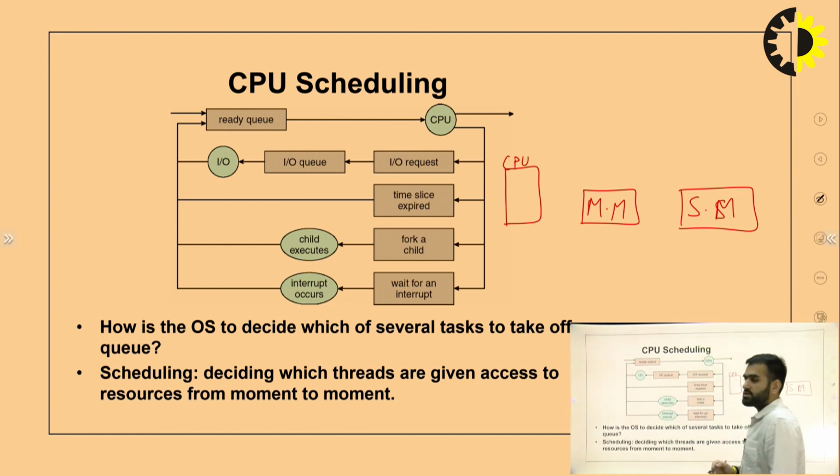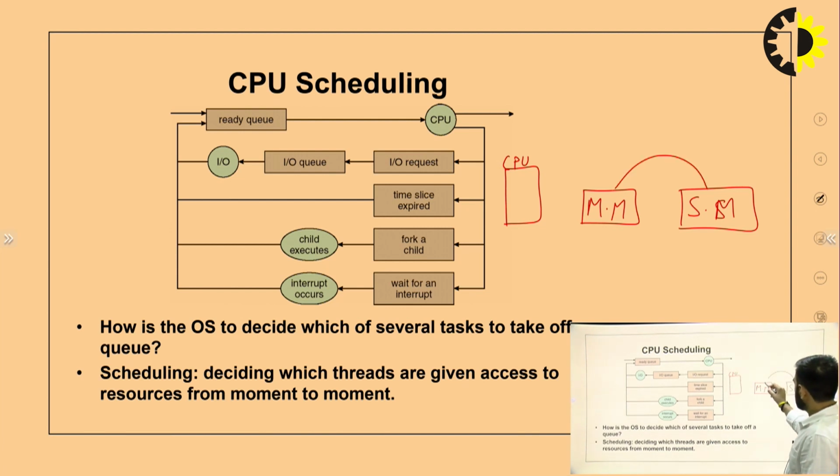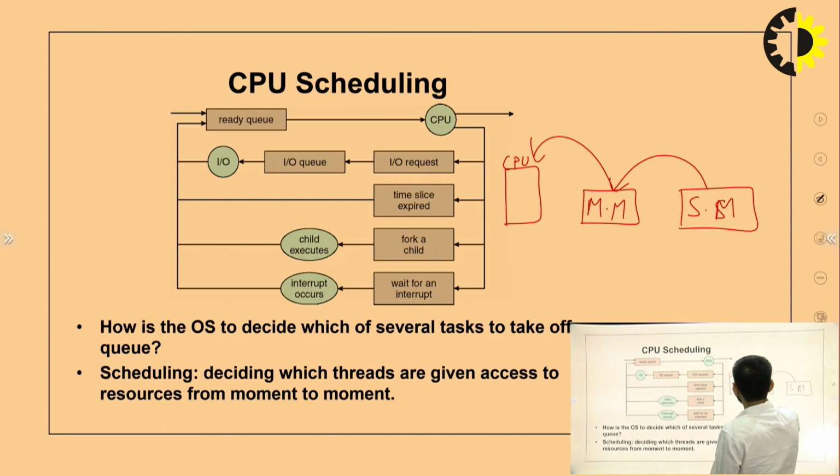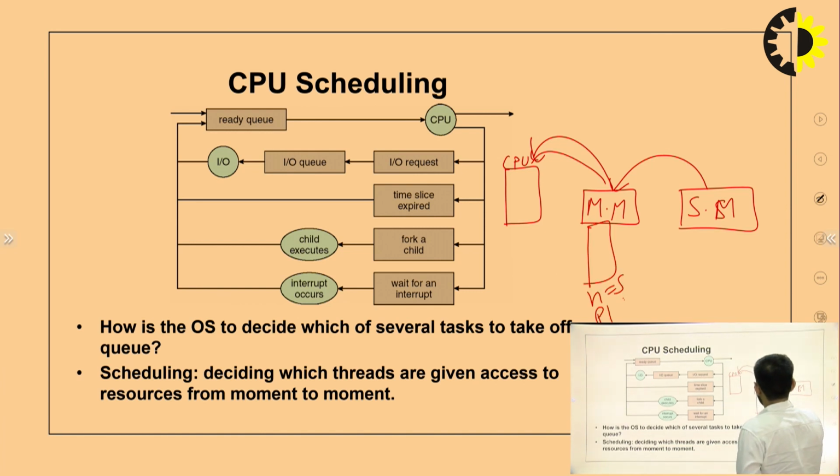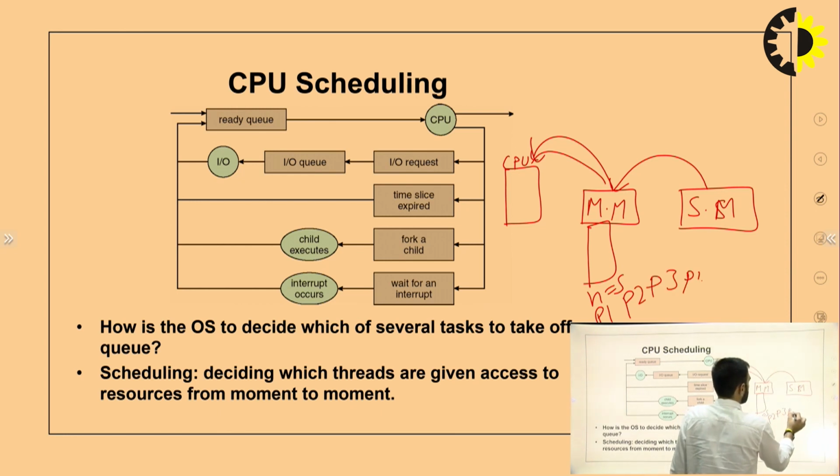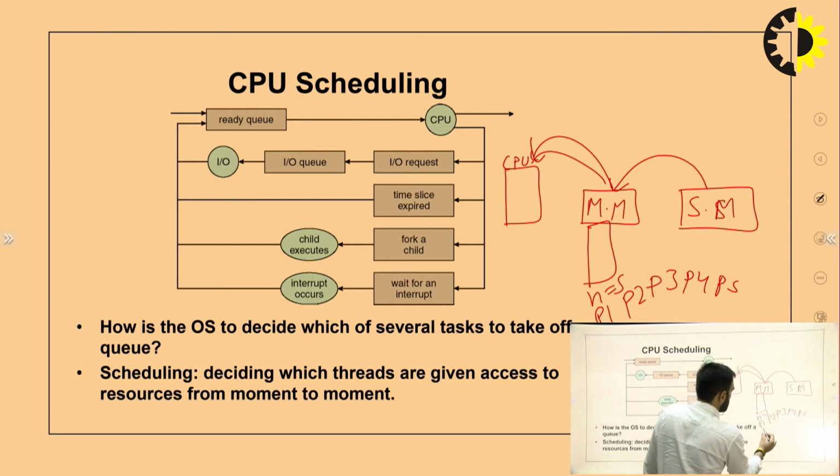When the process comes from the secondary memory to main memory for execution, before going to the CPU, it will see the scheduling algorithm, which process will go to the CPU first. Let's say we have n number of processes here, P1, P2, P3, P4. These are the processes. So we apply some algorithm here that decides which process will go to the CPU first.